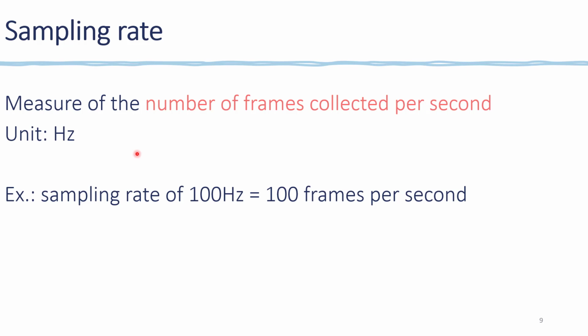But what it means is number of frames collected per second. So if you see that a camera is collecting a signal at a sampling rate of 100 hertz, that means that camera is collecting 100 frames of data per second. So another way to think of that is in 1 second of time, there will be 100 frames to digitize.